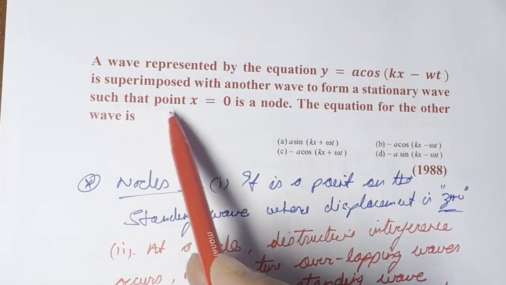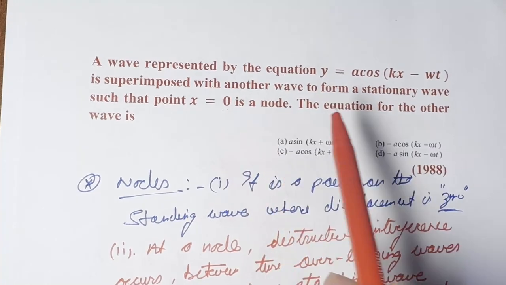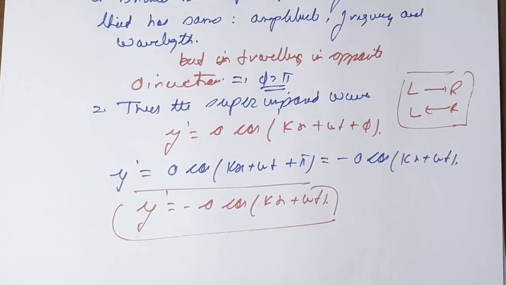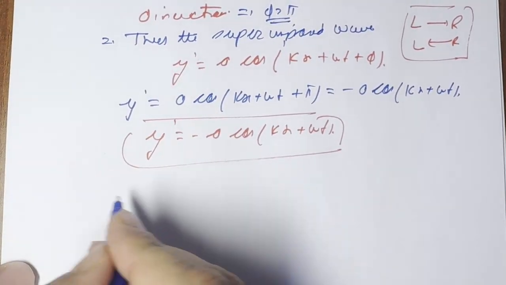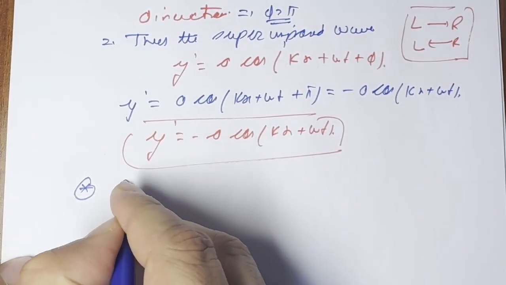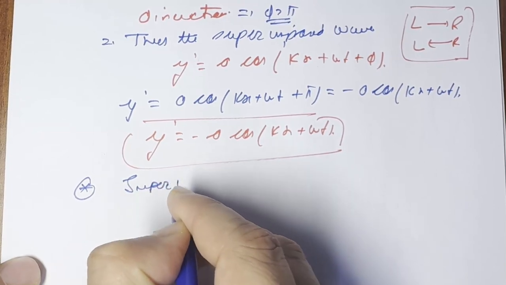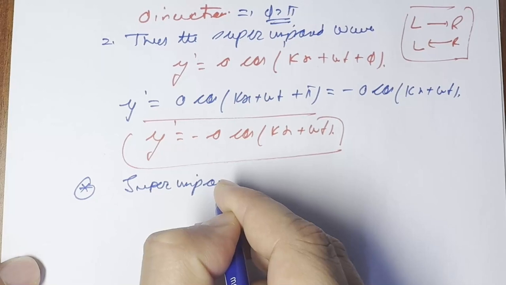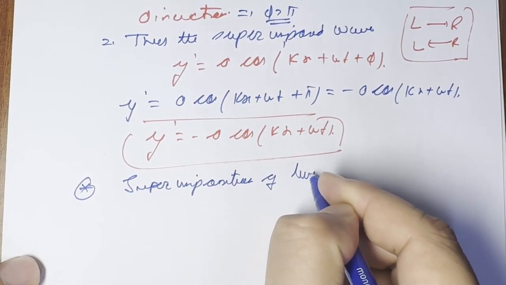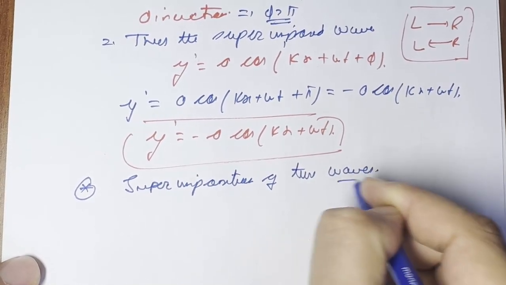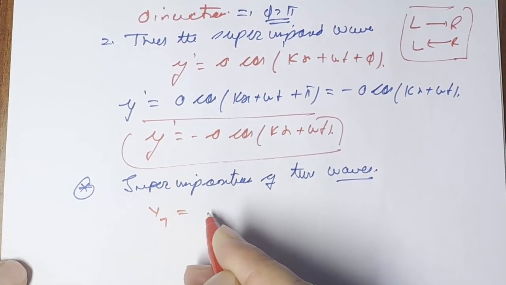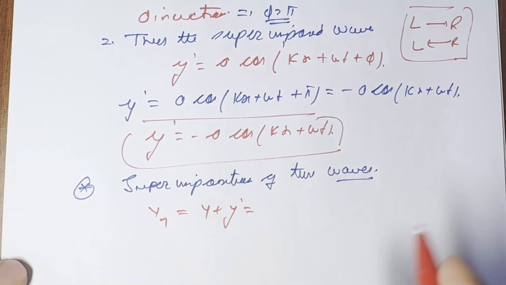But we can also verify it with the statement which says that it forms a stationary wave such that point x is equal to 0 is a node. So let's try to verify it. Let us superimpose these two waves. The superimposition of two waves is represented as yt, that will be y plus y prime.